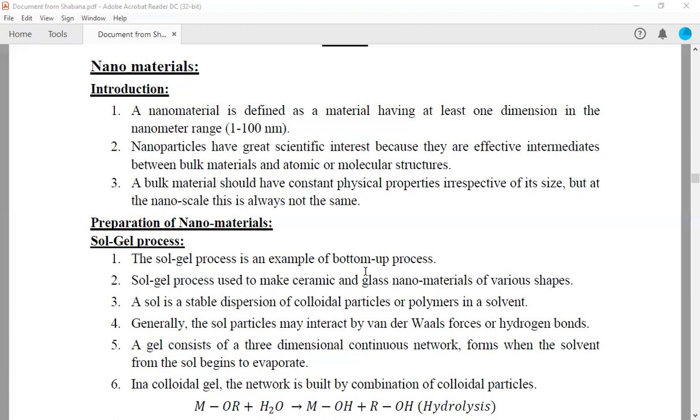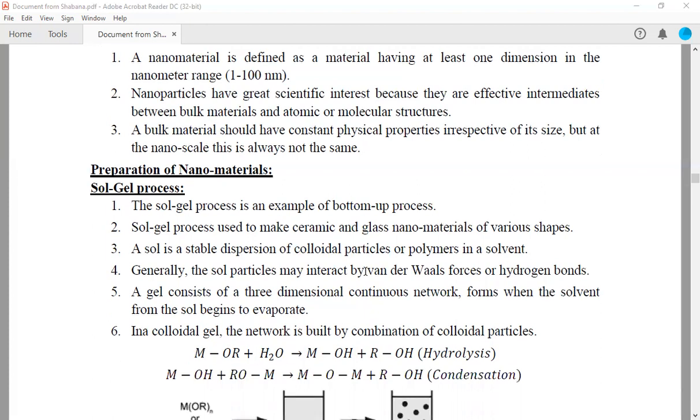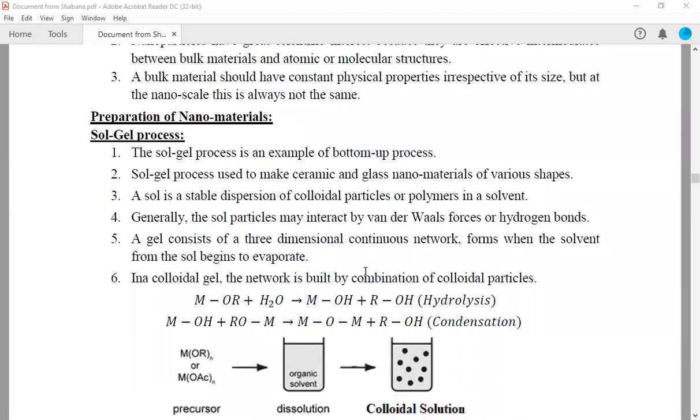Based on these types of approaches, the nanomaterial can be prepared by the sol gel method.